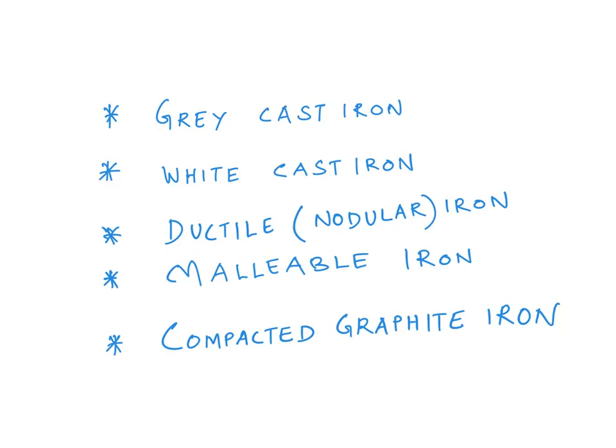Ductile iron and malleable iron, these two terms refer to the mechanical property of an alloy or a metal. And then the fifth one, anyway, you have to remember. So the first two have something to do with the colors. The third and the fourth have something to do with the property of the metal. And the final one has got something to do with none of the above two. You have to remember the name.